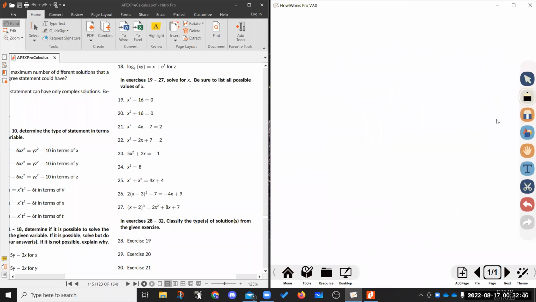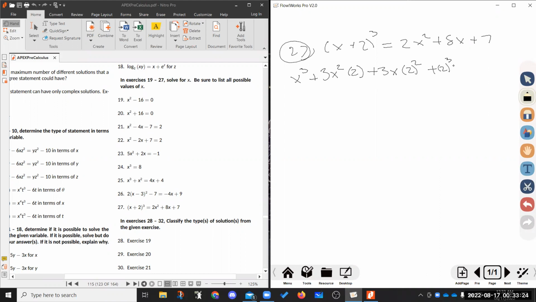Now for number 27, x plus 2 to the third is equal to 2x squared plus 8x plus 7. Going to expand this, x to the third plus 3 times x squared times 2 to the first plus 3x times 2 to the second plus 2 to the third equals 2x squared plus 8x plus 7.